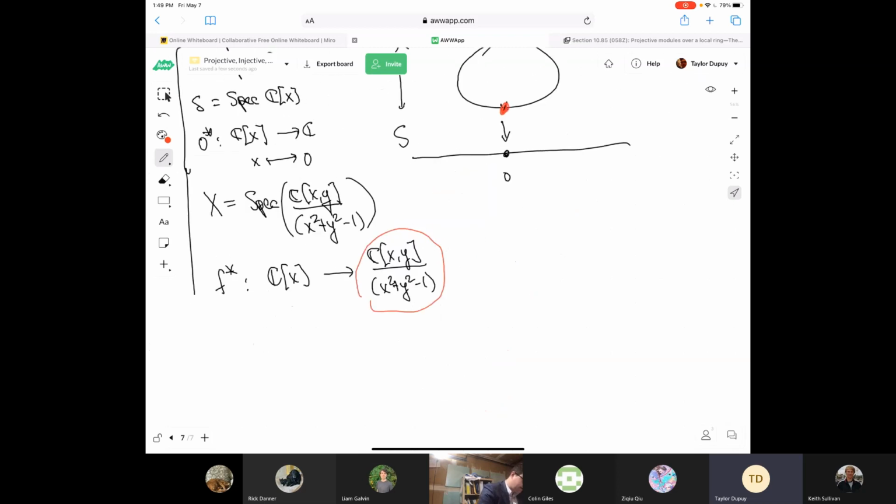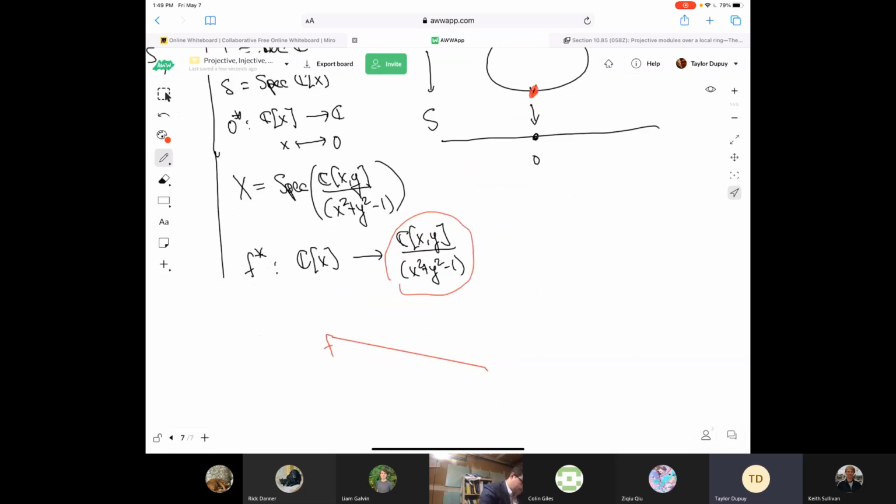According to our definition, f inverse of 0 is the fiber product, so this was X over S with T.